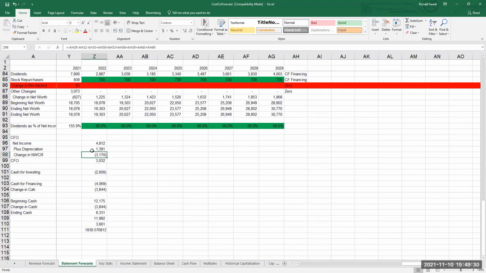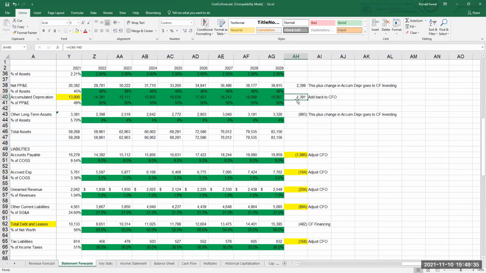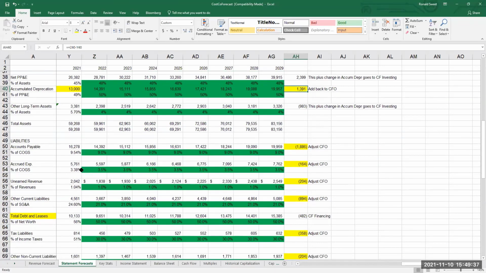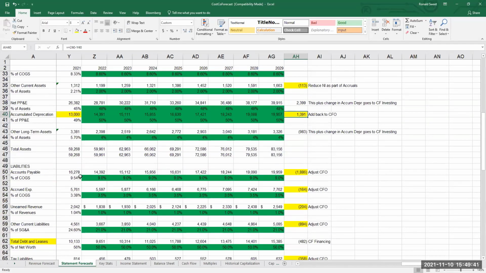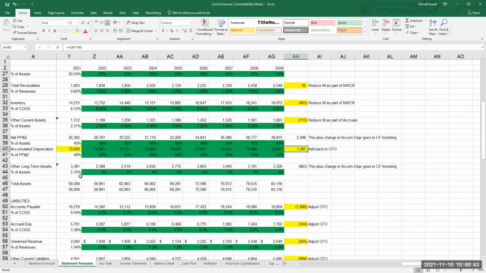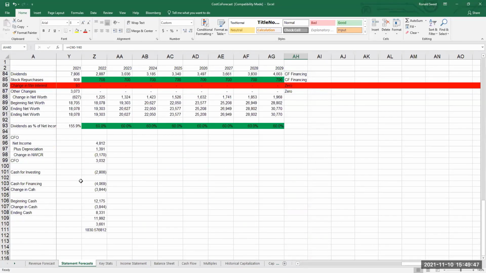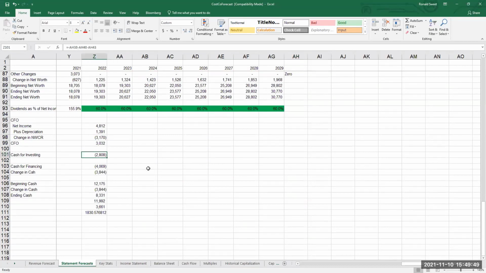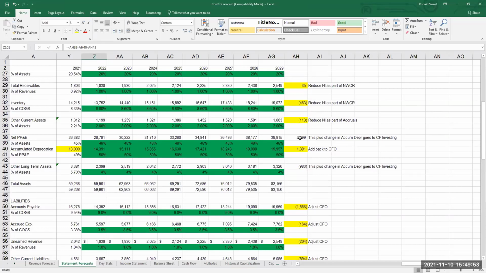So that looks good. Depreciation, we have that. We added that back. So that's good. That should work because, okay, for investing, since we added this back, we gotta get rid of it somewhere, subtract it.